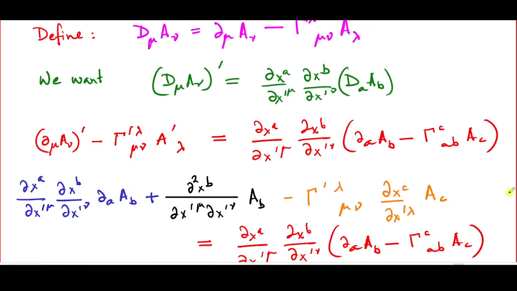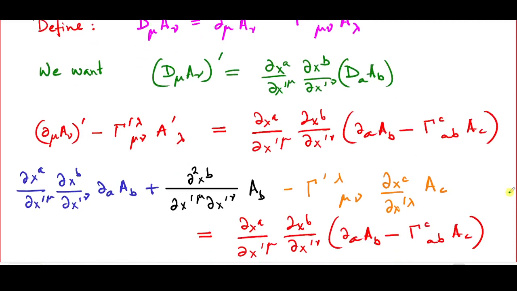Now, we have already figured out what del mu nu in the transformed coordinates is like. This is a piece which would be like the 0 2 tensor. You have this tensorial property destroying term here. We do not know how gamma prime lambda mu nu transforms as of now. We want to figure that out. Of course, we know how A prime lambda is related to the old components.